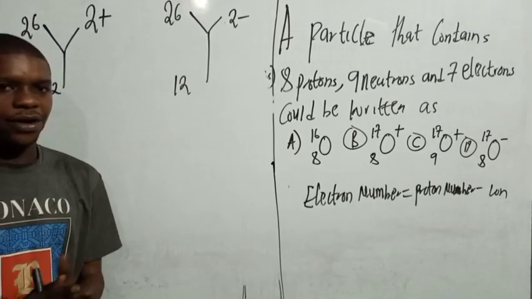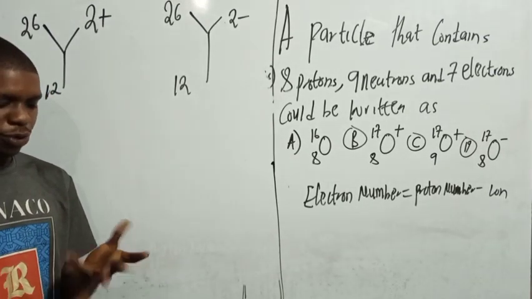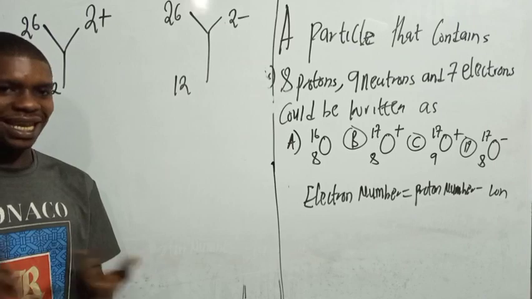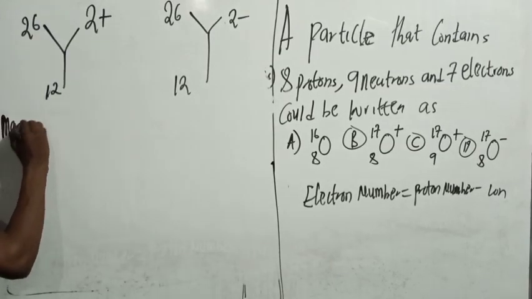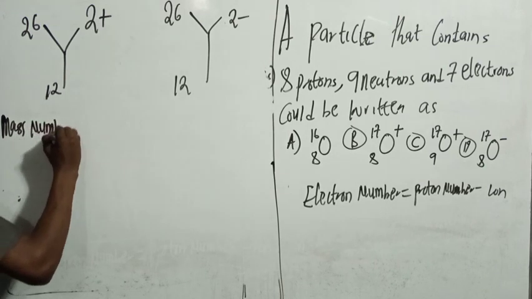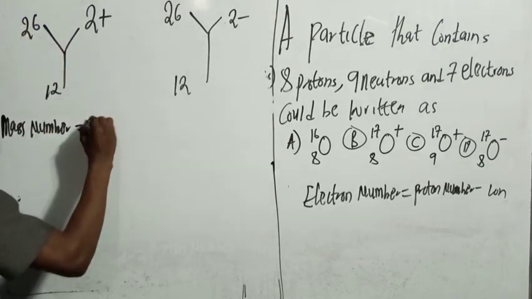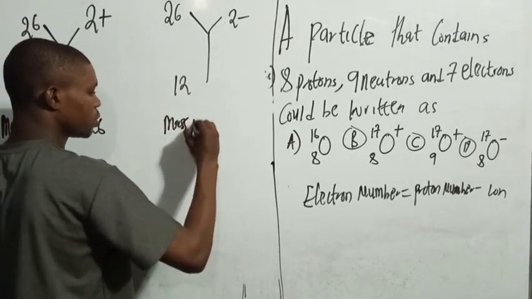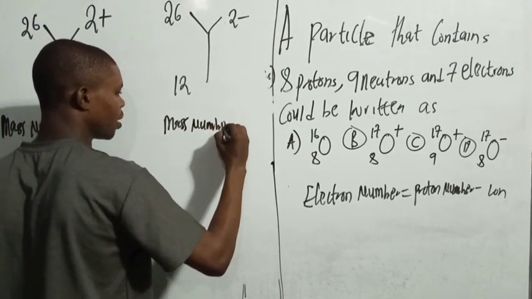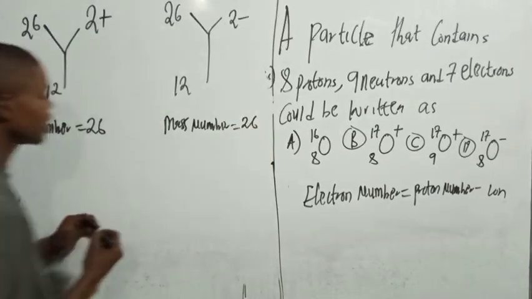Now for the sake of this video, let's look at the mass number, proton number, neutron number, and the electron number. My mass number here is 26, the same with this one.